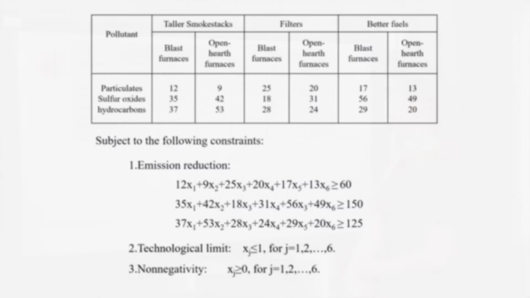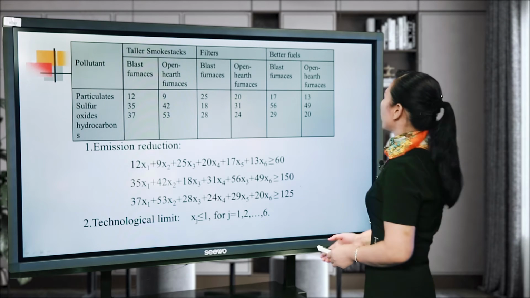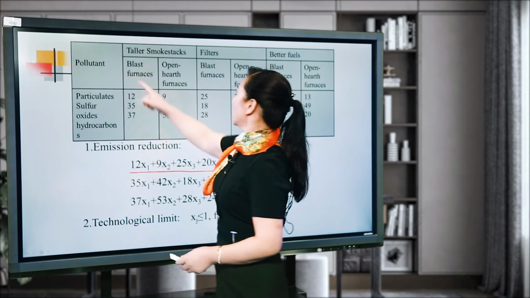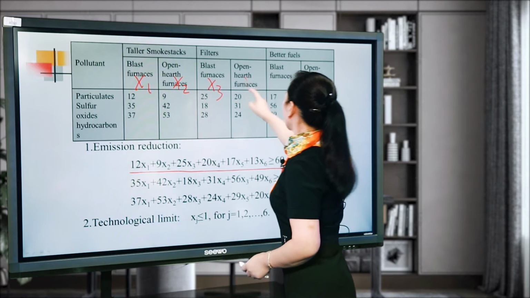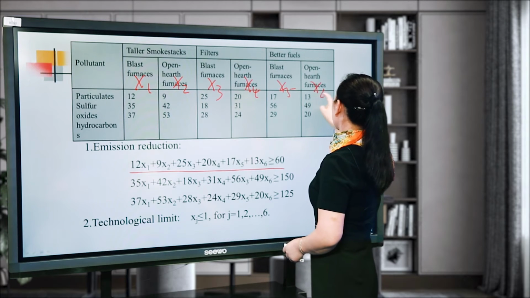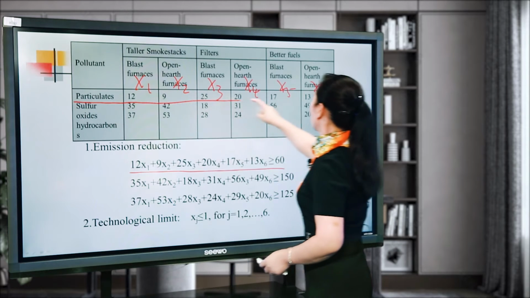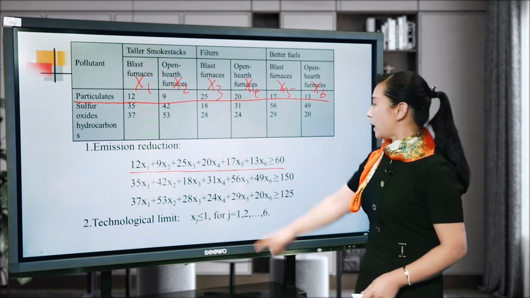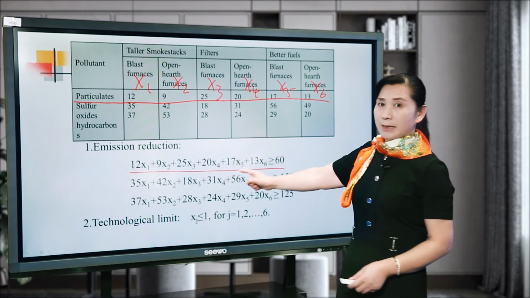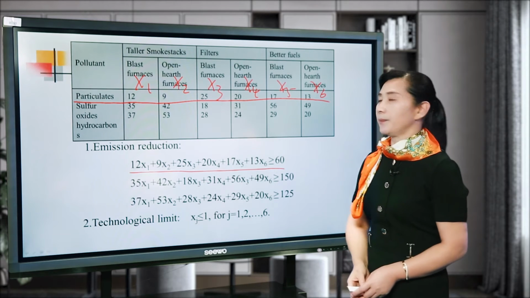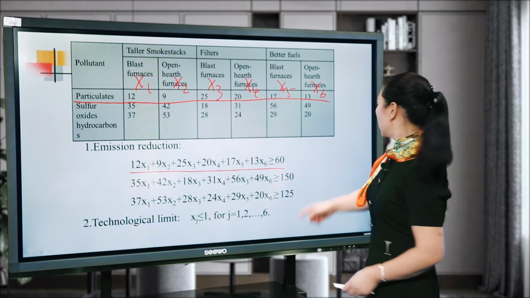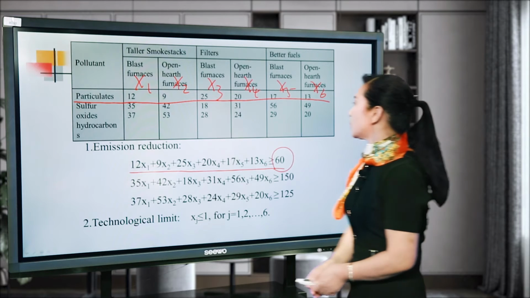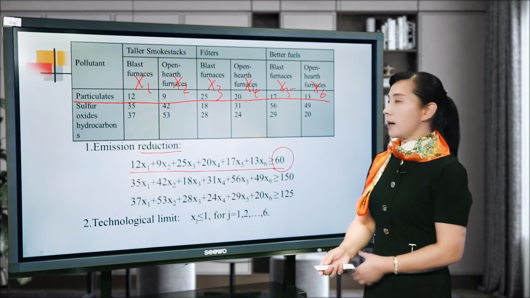So we see in this problem, the particulate reduction each year is 12x1 plus 9x2 plus 25x3 plus 20x4 plus 7x5 plus 13x6, which must be greater than or equal to the required annual emission reduction, 16 million pounds.